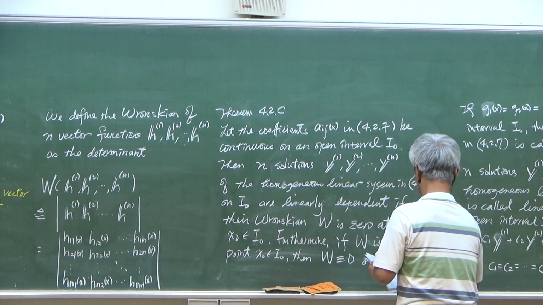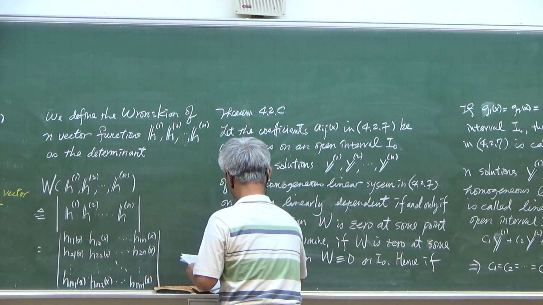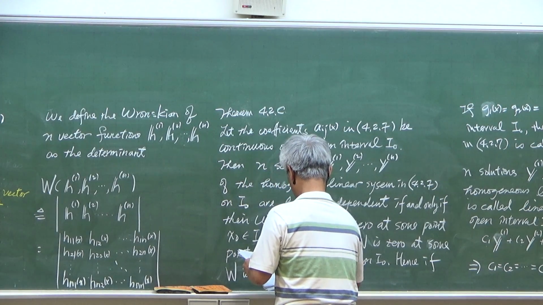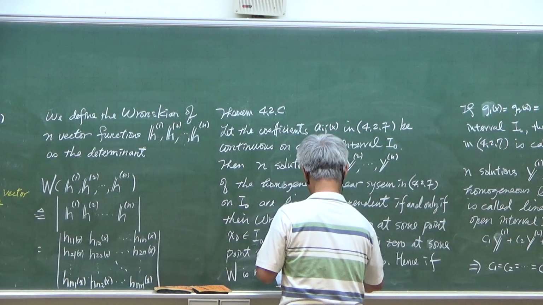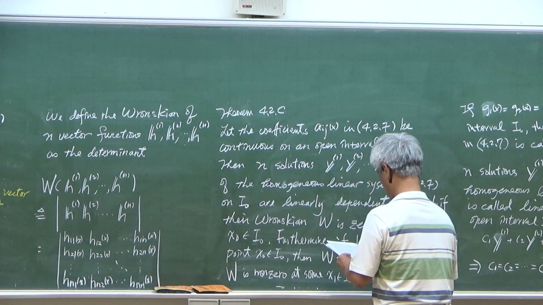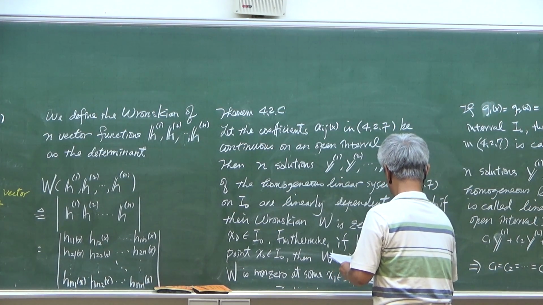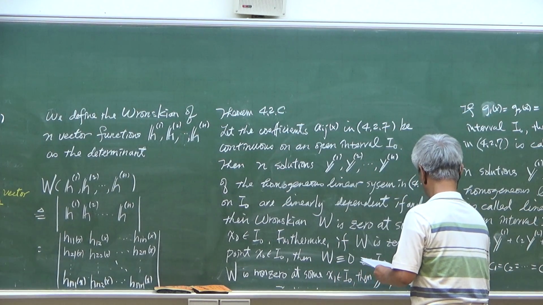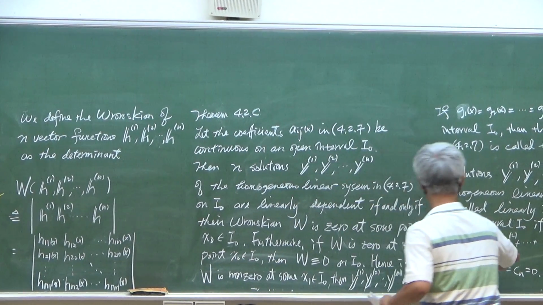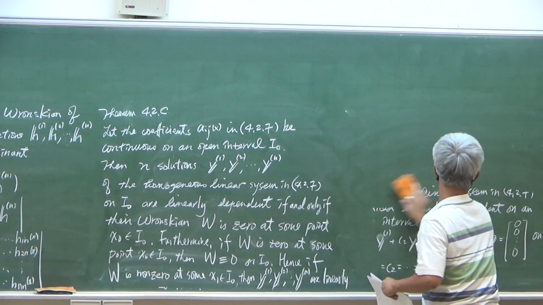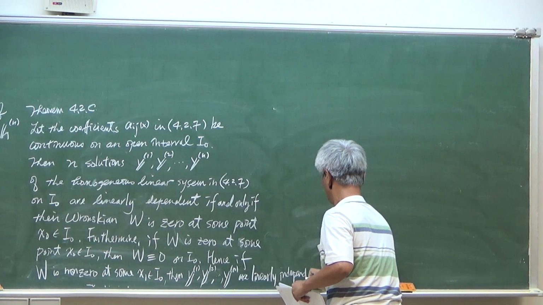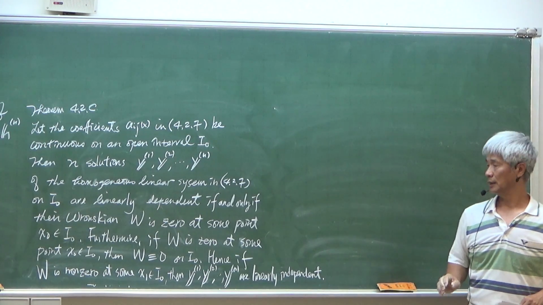Hence, if the Wronskian is non-zero at some x1 in the open interval, then y1, y2, up to yn are linearly independent.